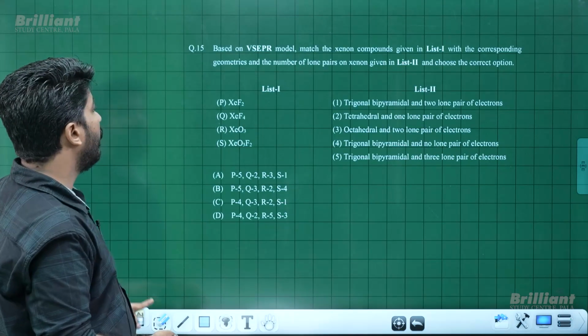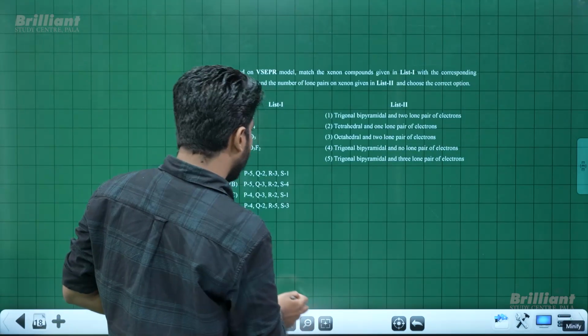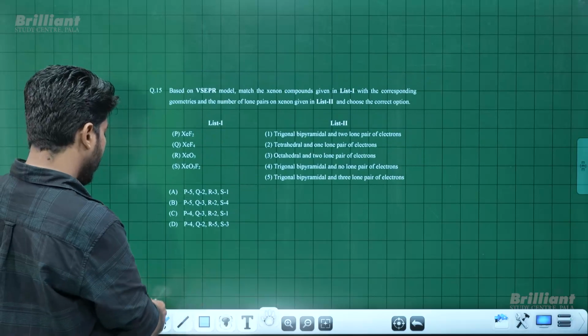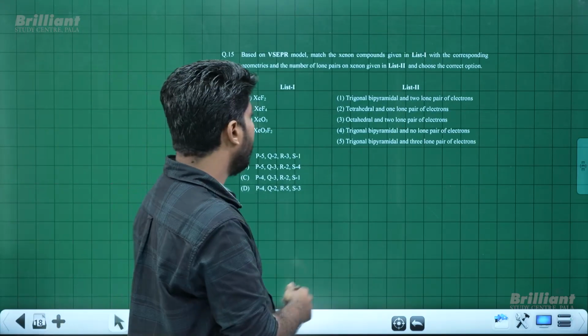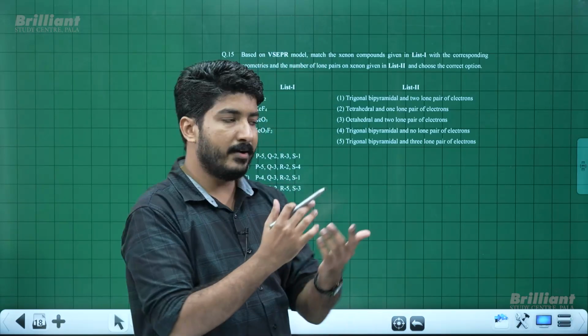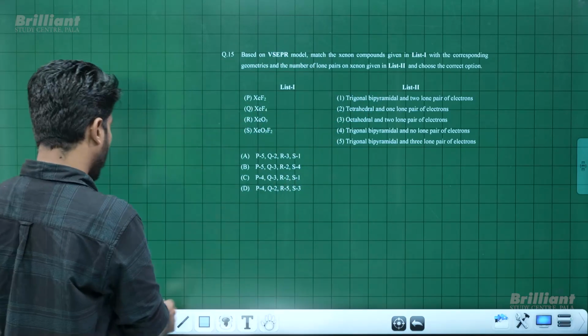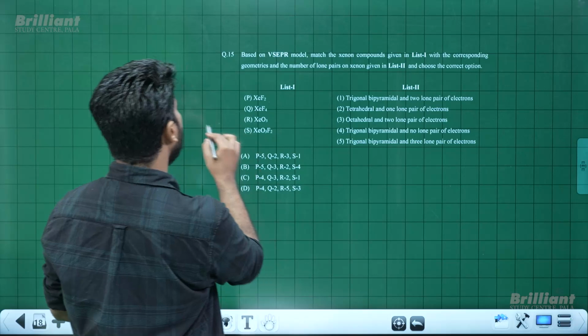Now the next one is another from chemical bonding. We are given certain xenon compounds, and we are asked to find the electron pair geometry around xenon and the lone pairs on xenon. So XeF2.